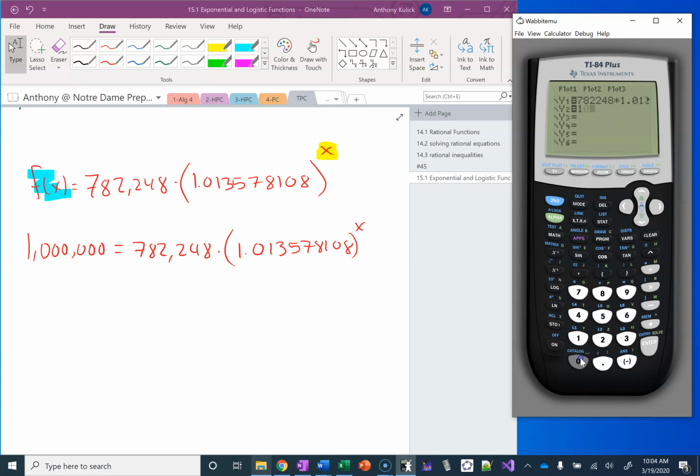And in y2, I'm going to type in that 1 million. So 1 with 6 zeros after it. And now if I hit graph right away, I'm probably not going to see anything because these are huge numbers and my window is probably set to be like -10 to +10. So I'm going to press the window button and choose my own window.